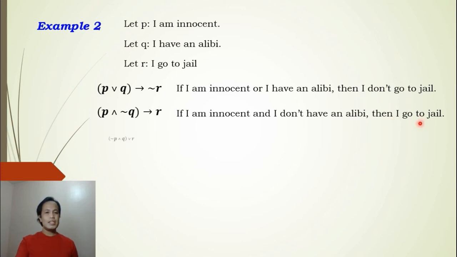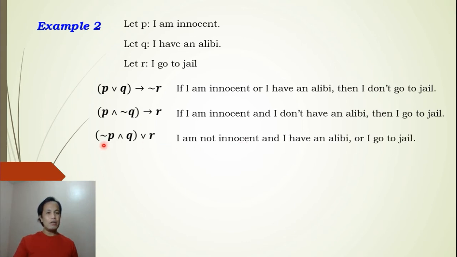Next, symbolic logic: the negation of P and Q or R. We have here not P and Q or R. Unlike the first two statements, here we have no implication. This time we have the "or." So when we translate this one into logical statement, we can have "I am not innocent," because P is negated.